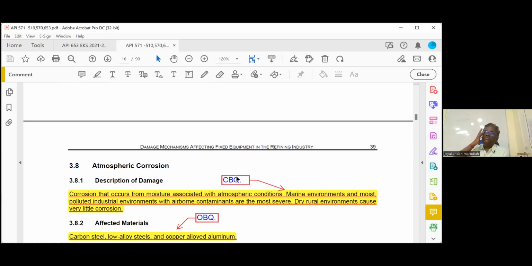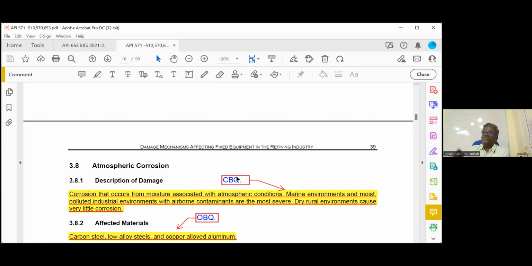Point number 1: which location will have more atmospheric corrosion? Marine environments and polluted industrial environments. If you have industrial pollution, which will have sulfur, it can cause more atmospheric corrosion. Please remember, even in a marine or industrial environment, if the tank is properly coated, there will be no atmospheric corrosion.